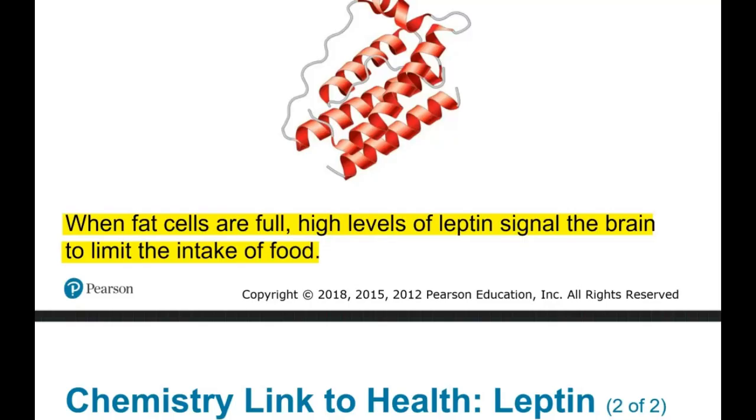Make sense? And one of the reasons why there's a nutritional advice that when you get away from the dining table, you should be a little hungry, is because it takes time for the leptin to kick in. It takes time for the fat cells to get the message from the liver, and it takes time for them to produce leptin, and it takes time for leptin to signal to your hypothalamus that you're full.